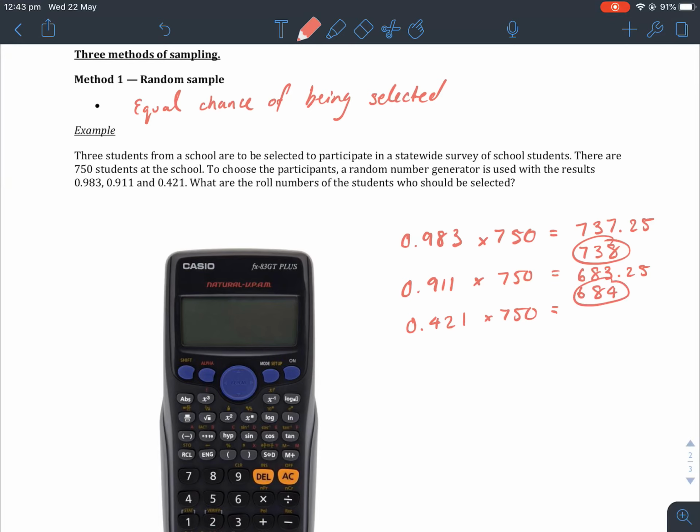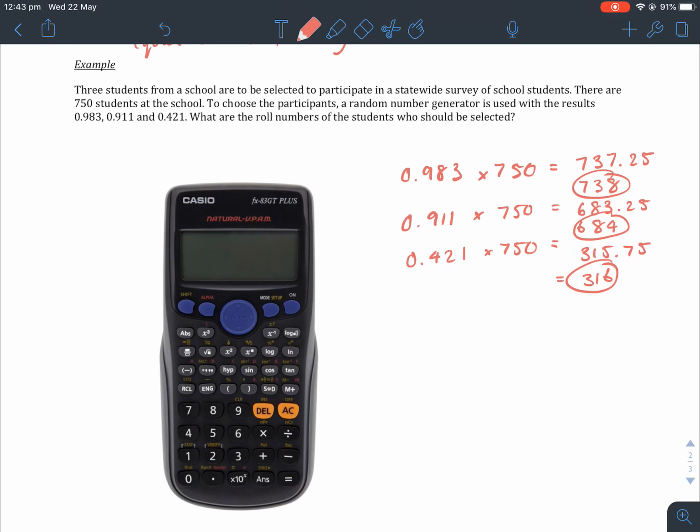And the last one, 315.75, so our roll number is 316.